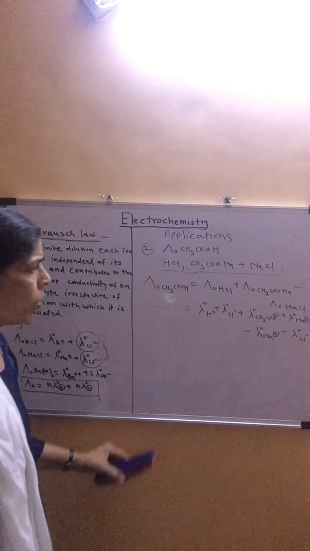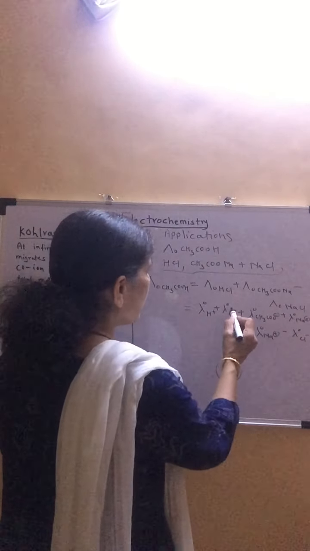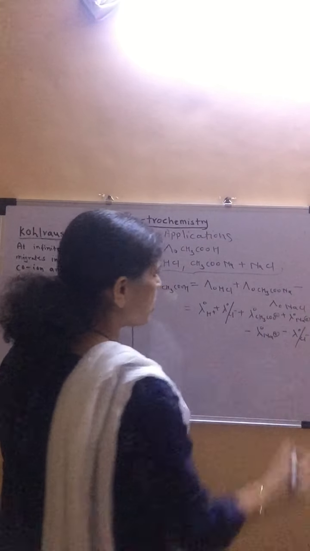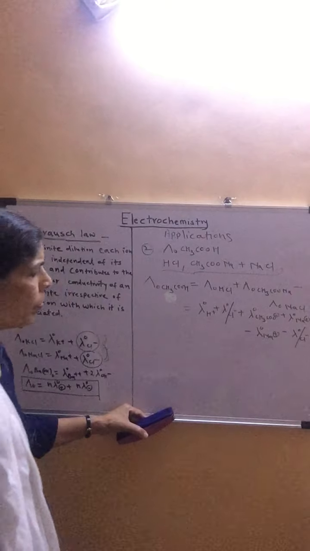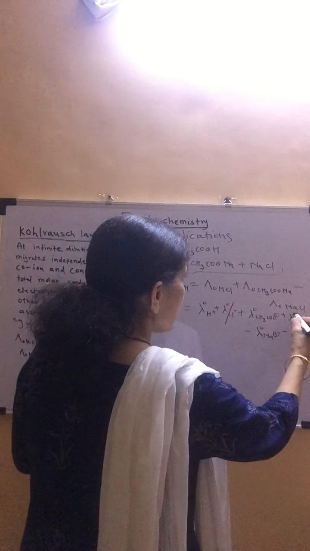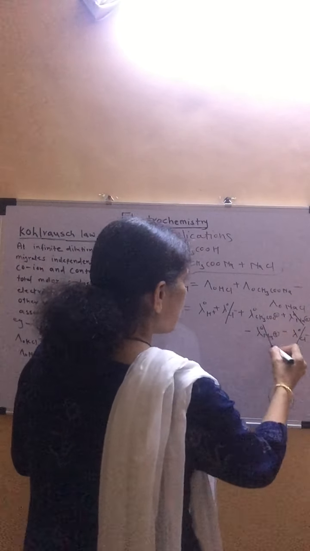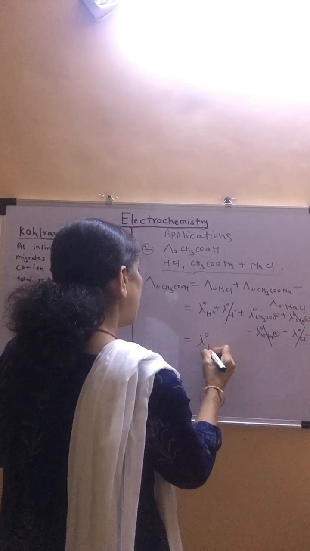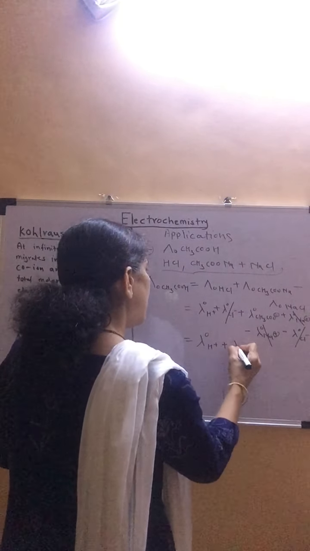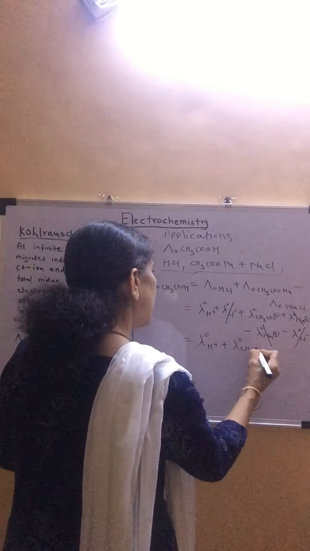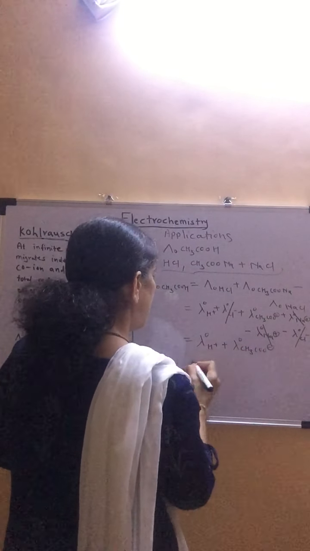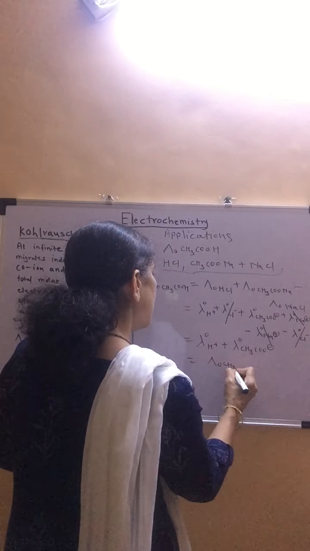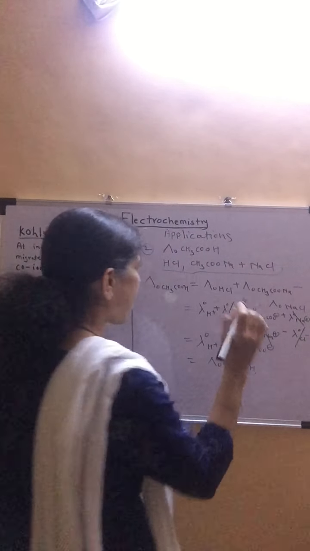If you observe the equation carefully, the lambda naught Cl minus ions, plus and minus, will get cancelled. At the same time, the lambda naught for Na plus ions, plus and minus, will get cancelled. And what is left? It is lambda naught H plus plus lambda naught CH3COO minus, that is nothing but lambda naught CH3COOH.